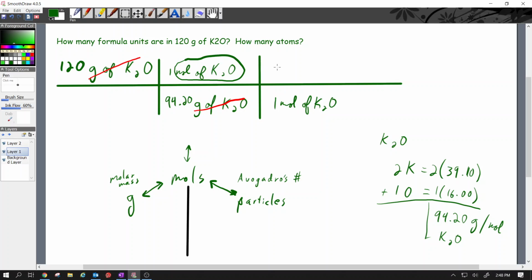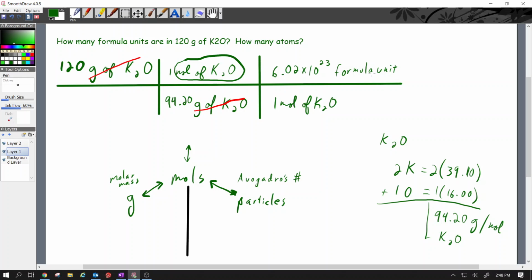Now, we said that 1 dozen is 12. What is 1 mole? 6.02 times 10 to the 23rd particles, or in this case, formula units. A formula unit, just like if we talked about molecules of a covalent substance, when we talk about ionic substances, we have to talk about a formula unit.